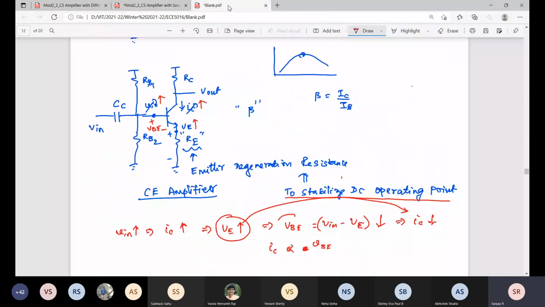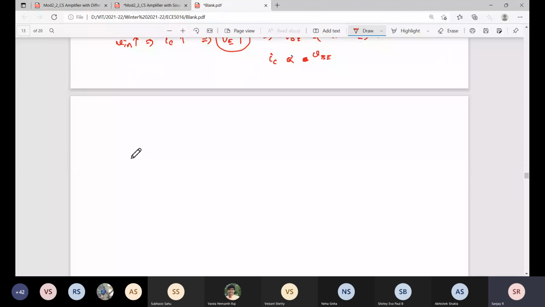Fine. Okay, let me explain the basics here. I'll use the blue color. I'm applying the input here, measuring the output small signal current, output shorted. So what is Gm here?